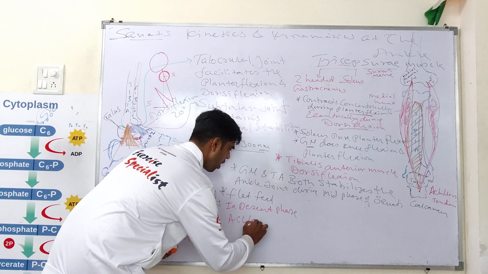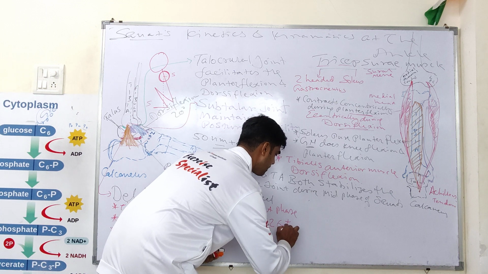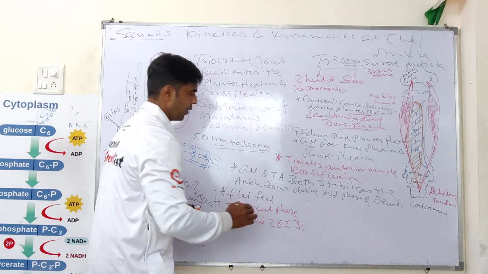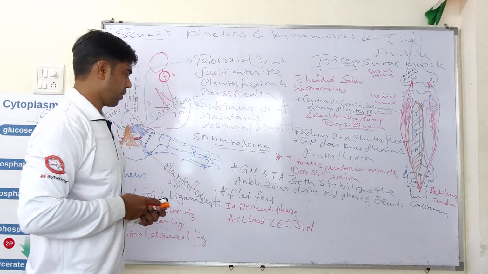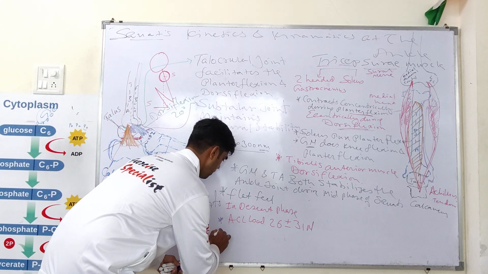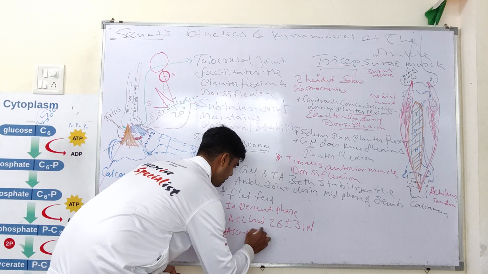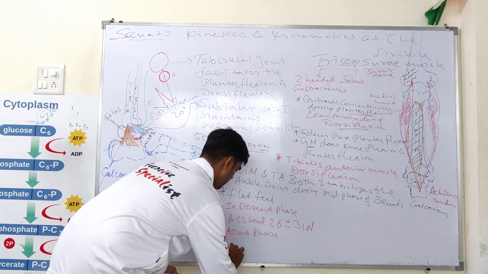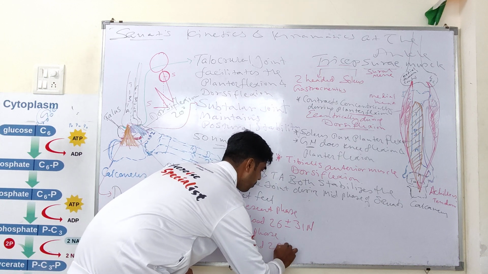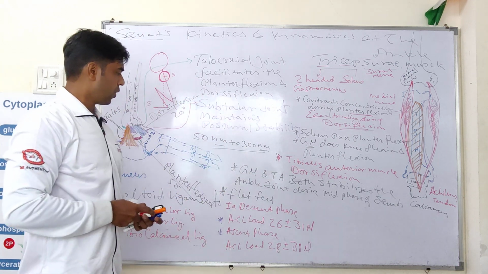ACL load is somewhere from 26 plus or minus 31 newtons, right? And in the ascent phase, ACL load is somewhere from 28 plus or minus 38 Newton meters, right?